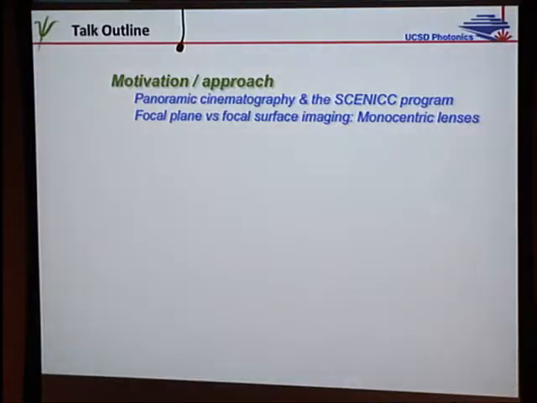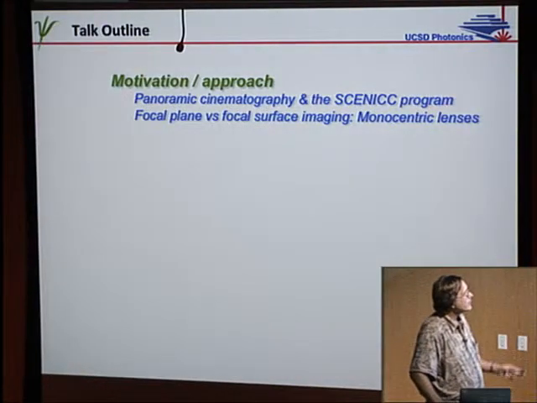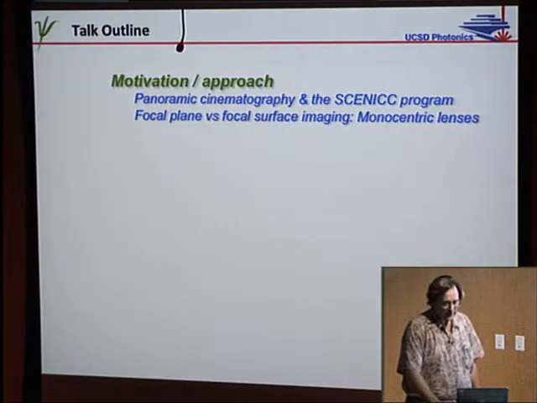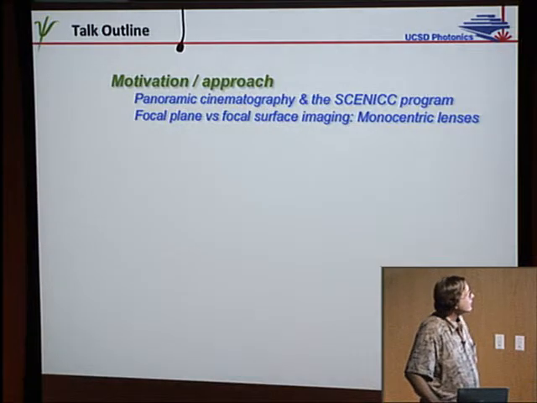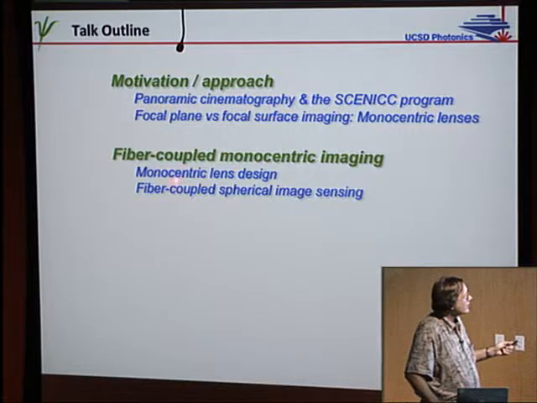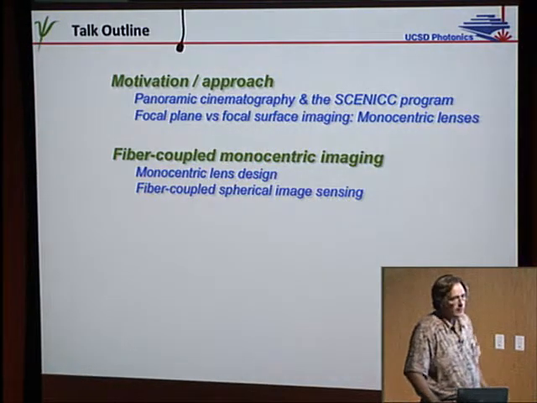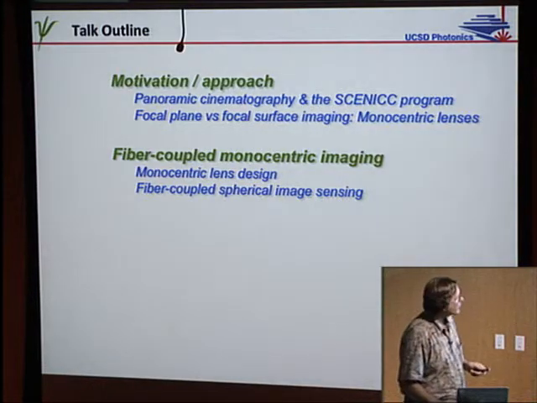So what the talk is going to cover, first of all, motivation for panoramic, high-resolution, high-performance imaging, a brief discussion of the DARPA SCENICC program, and then talking about the basic approach that we're taking on this, which is monocentric imaging onto a focal surface that's curved. I'll talk about the lens design first of all, and on using optical fiber bundles to couple that spherical image surface to a focal plane, one or more focal planes.